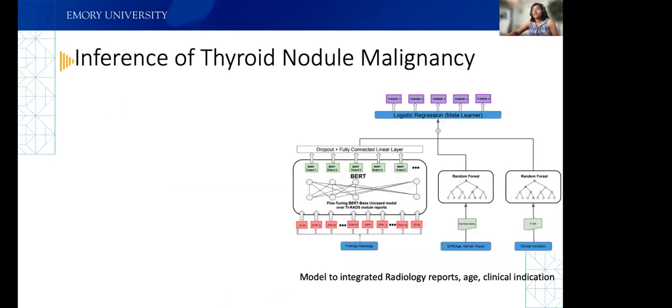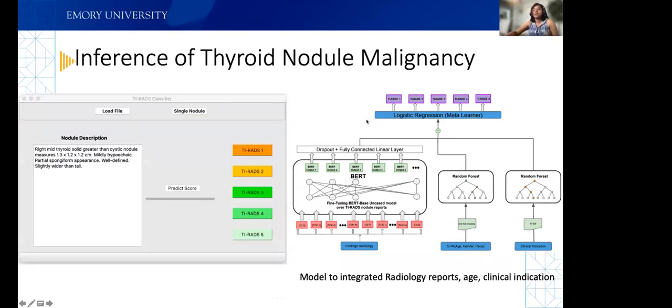One of my students also developed a similar approach for thyroid nodules. The interesting thing here is that he also used other types of data, not only radiology reports, but also age, gender, race, as well as the clinical indication to create the automatic scoring for thyroid nodules called ThyRES.